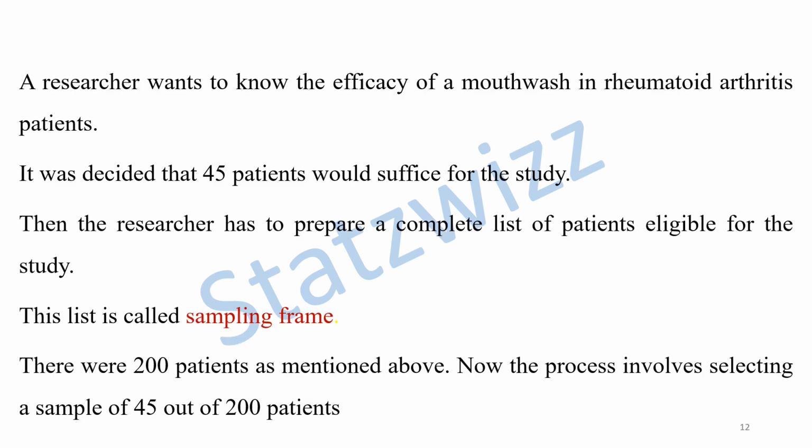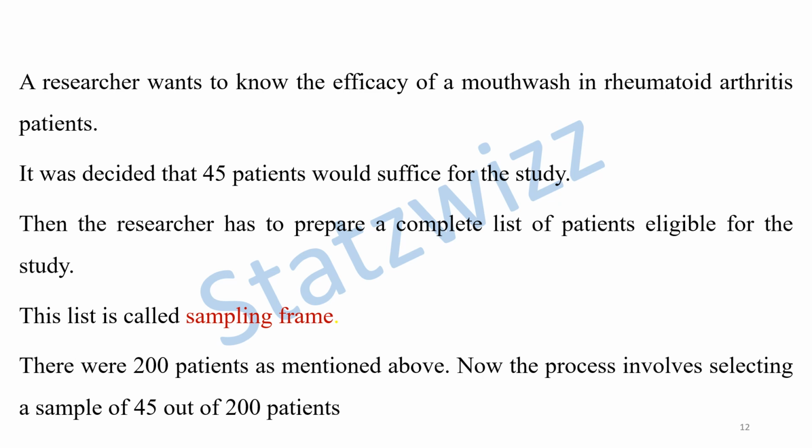For example, a researcher wants to know the efficiency of a mouthwash in rheumatoid arthritis patients, and it was decided that 45 patients would be enough for conducting that particular study. Then the researcher has to prepare a complete list of patients who are eligible for the study, and this list is known as a sampling frame. So people who have rheumatoid arthritis form the sampling frame.